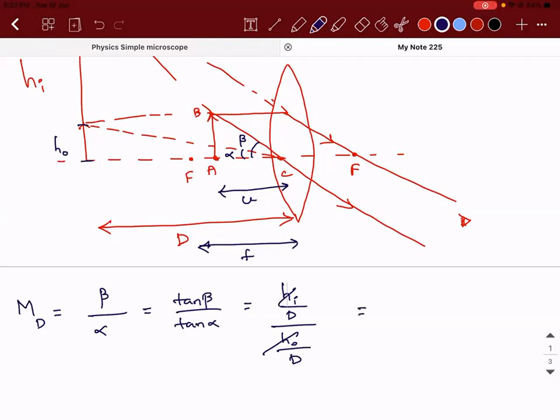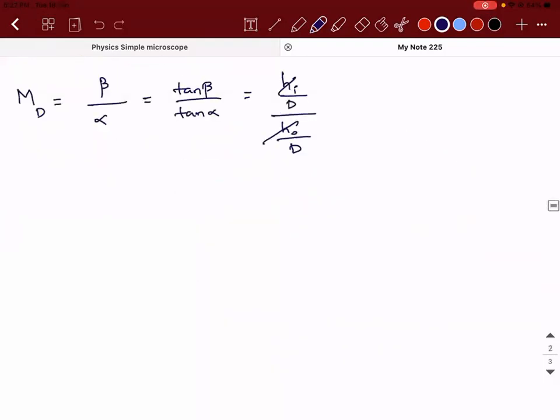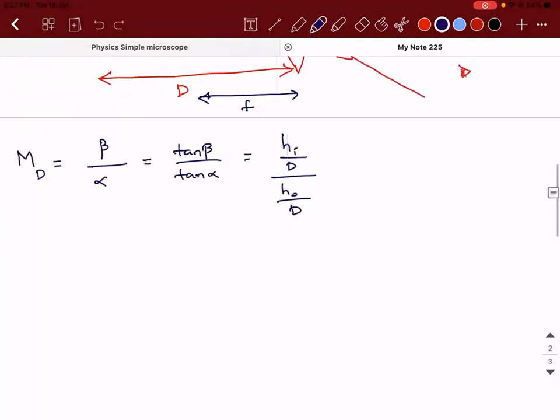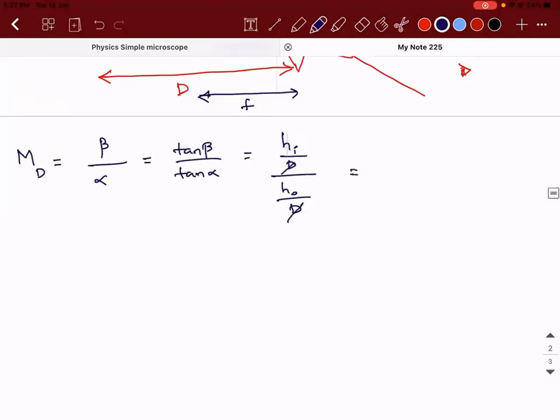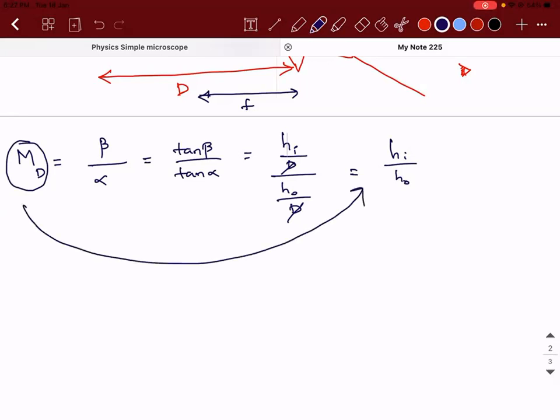H naught, d and d will get cancelled. It will be hi divided by h naught. Means the magnifying power of a microscope is exactly equal to the linear magnification that has occurred.